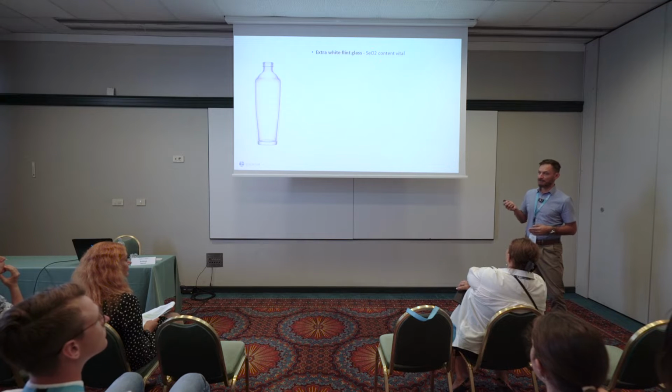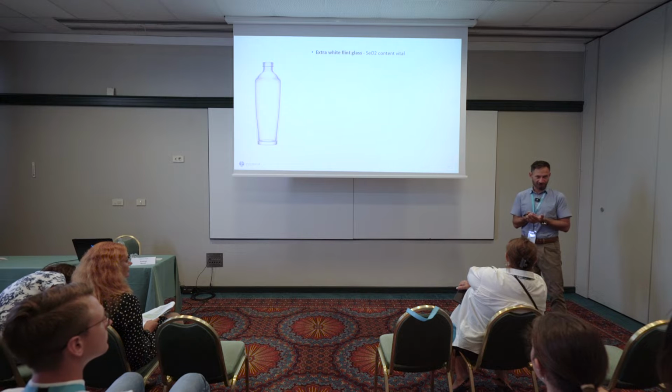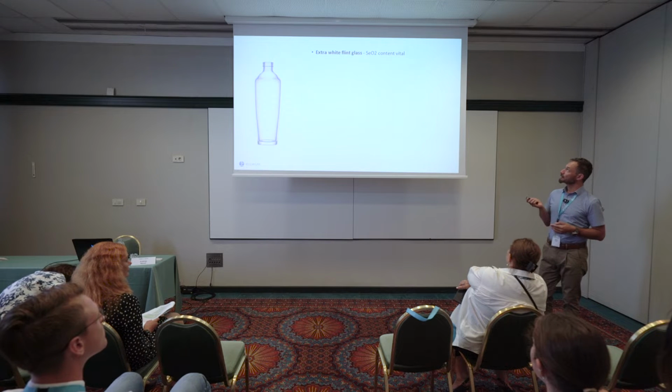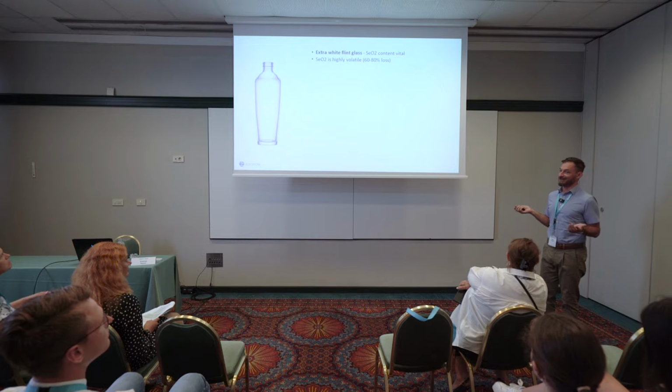How do they achieve that? In the raw materials you have some iron present, which you cannot get rid of. And in order to compensate for the green color that would come from iron, you add selenium oxide, which brings pink color and neutralizes the green color from iron. Now, selenium oxide is a very peculiar oxide.